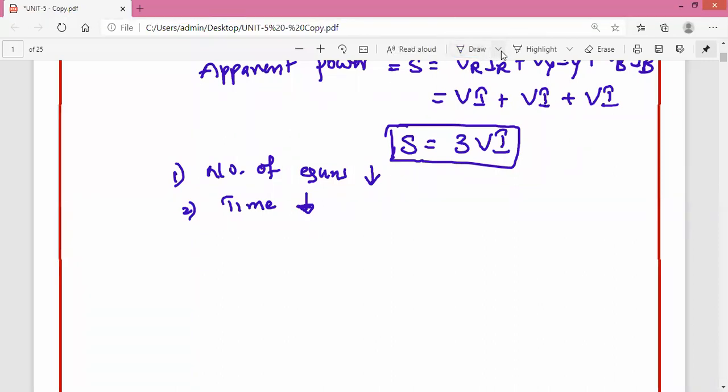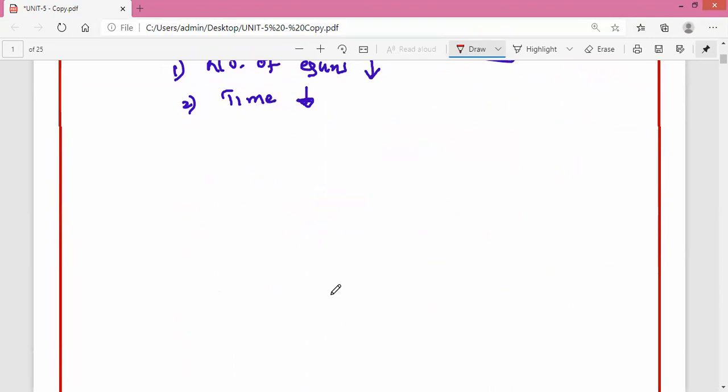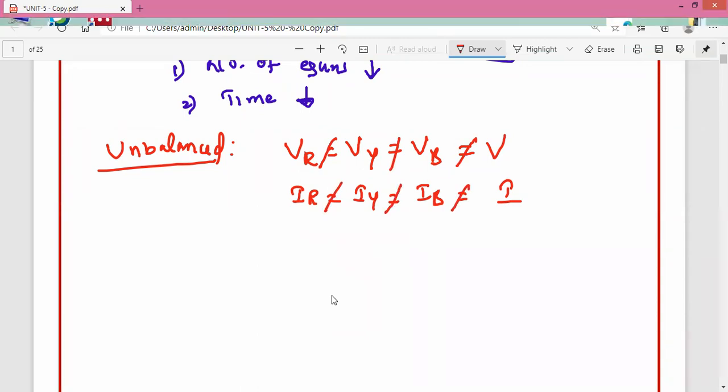Earlier we took VR equal to VY equal to VB equal to V, and IR equal to IY equal to IB equal to I, for balanced parameters. But whenever the system becomes unbalanced, these parameters will not be equal.